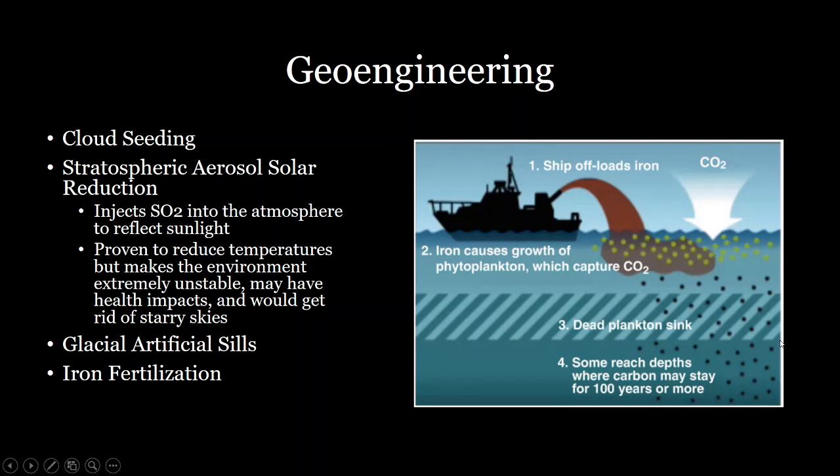So the idea is you spray a bunch of iron-rich water over the ocean, in the Arctic Ocean or the Antarctic Ocean especially, and the phytoplankton would bloom and sink that carbon dioxide from the atmosphere.